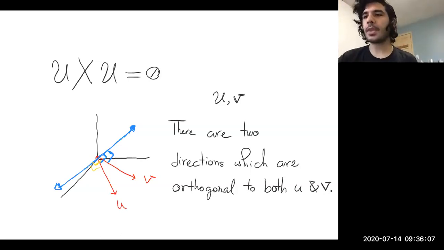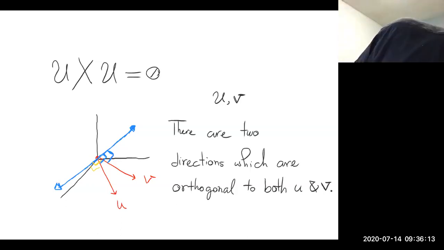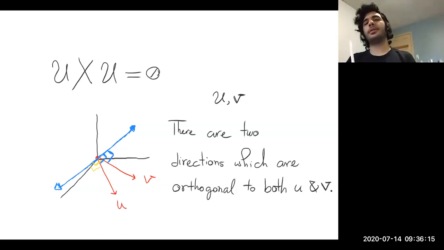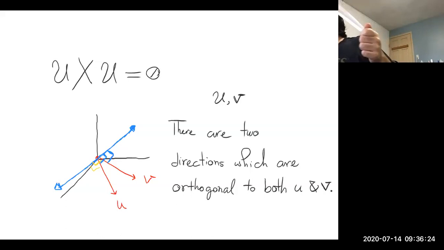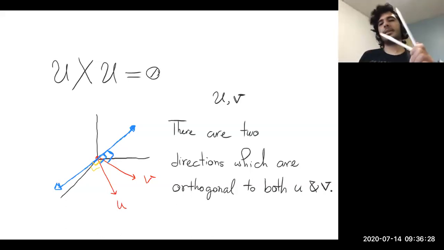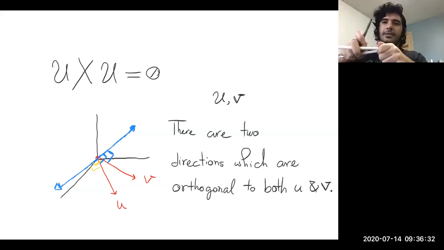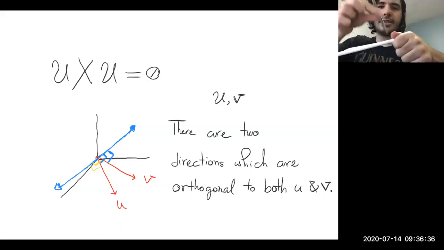It's kind of an important and interesting thing in both math and physics. Let's say these 2 things are 2 vectors inside three-dimensional space, right? There is another direction which is normal to both of these directions.